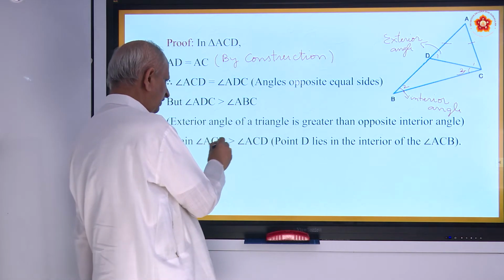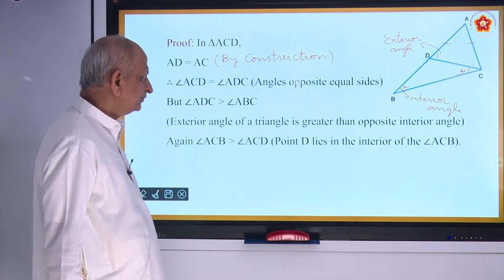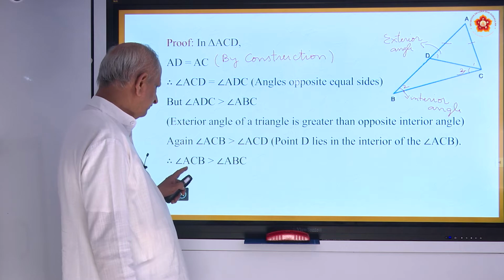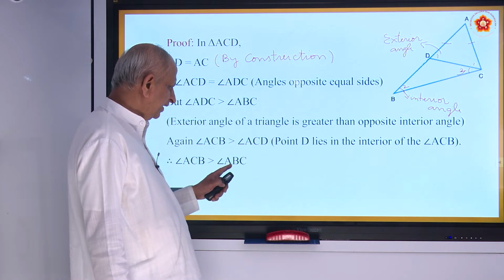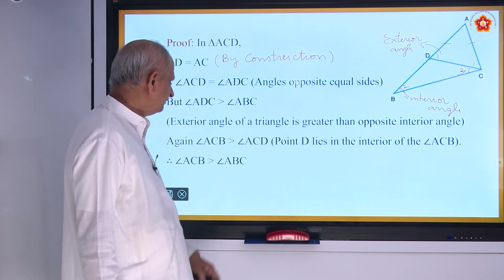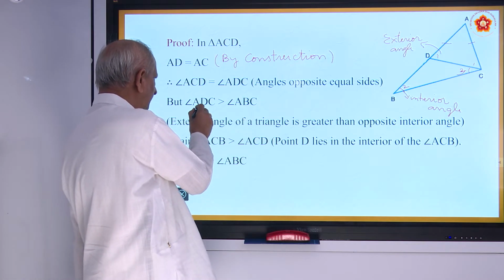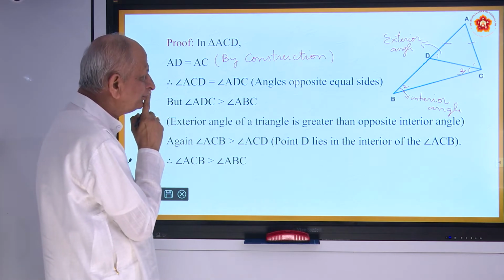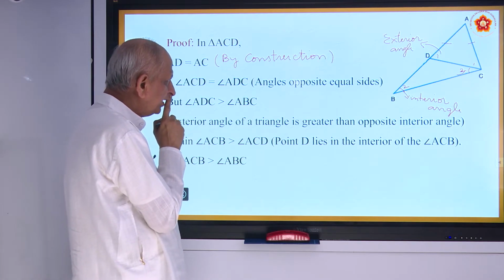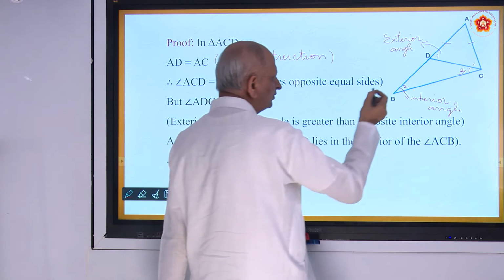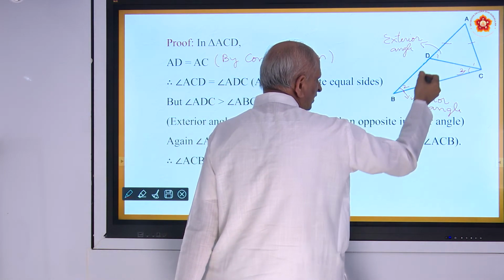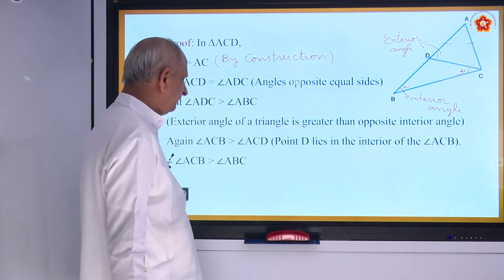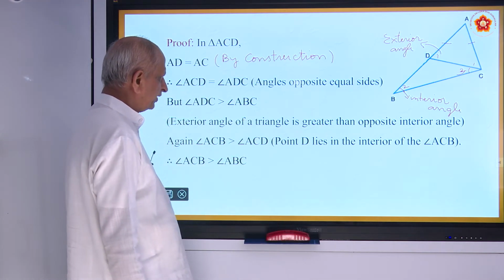So this is number 3 is more than number 1. Okay. And therefore, you have ACB more than ABC. So therefore you write ACB is more than ABC because this is more than this. That's all what you have to prove. Okay.